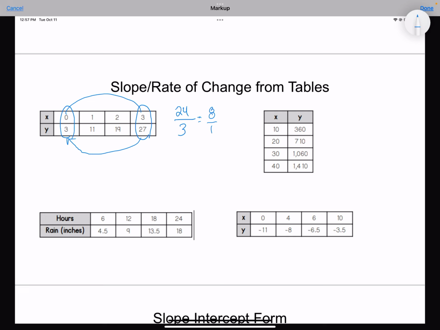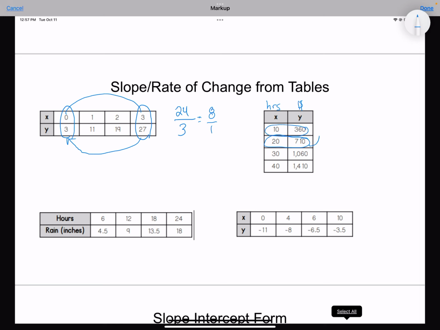With the vertical table, same thing. And this could be, we're talking about hours to money, and they're asking you to find the rate of change for the pay worked for the number of hours, money earned for the number of hours. So again, pick 2 points. I'm going to pick this one this time, and I'll pick this one.